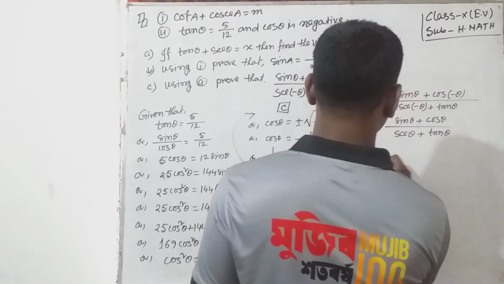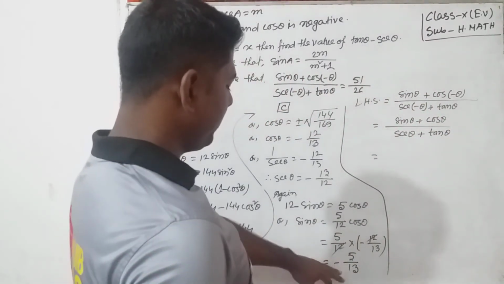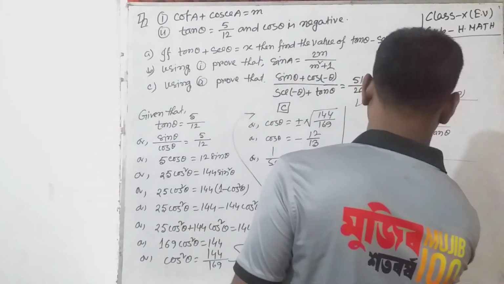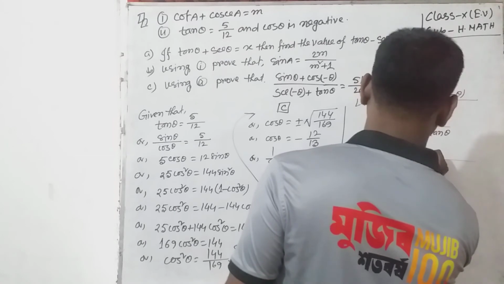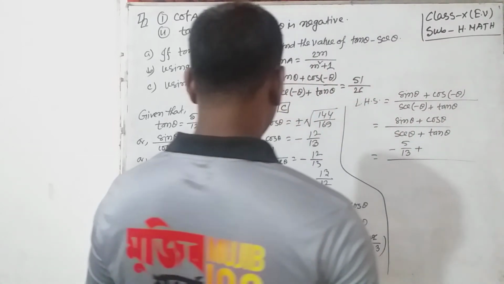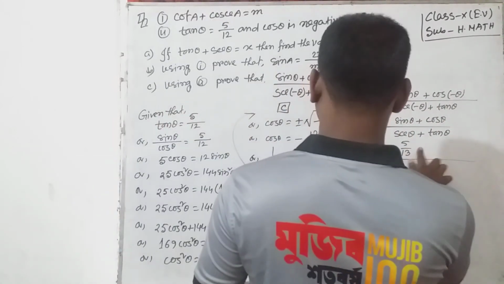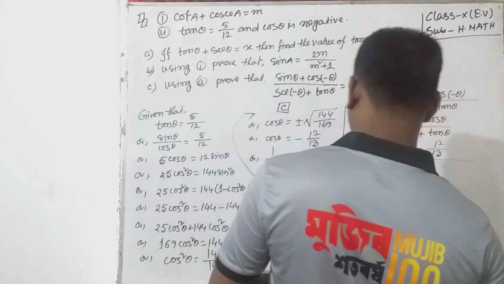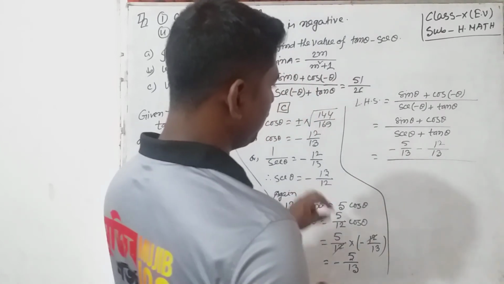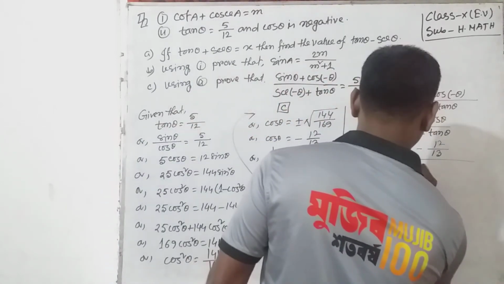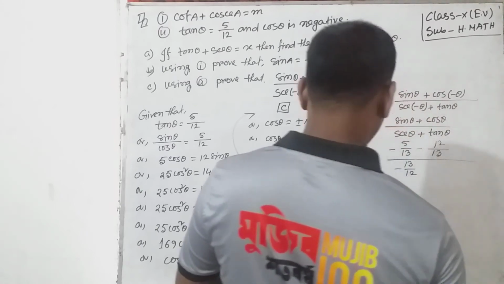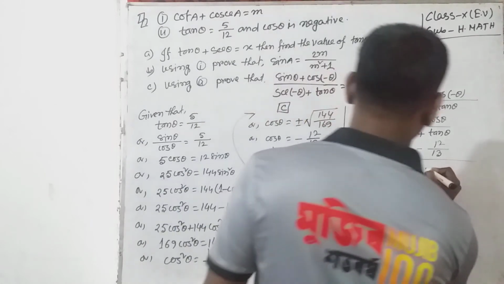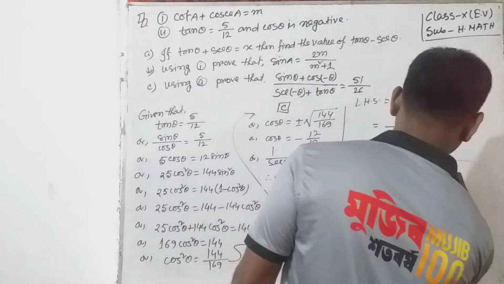Putting the values: sin theta equal minus 5 by 13, plus cos theta equal minus 12 by 13, and sec theta equal minus 13 by 12 plus tan theta equal 5 by 12.